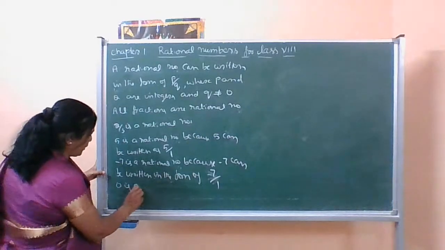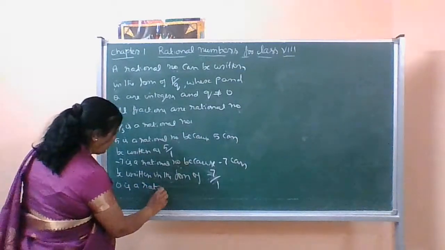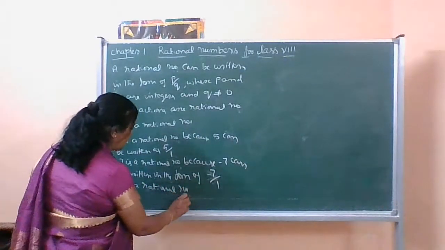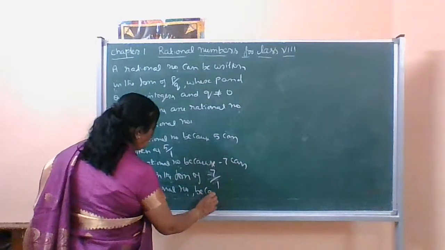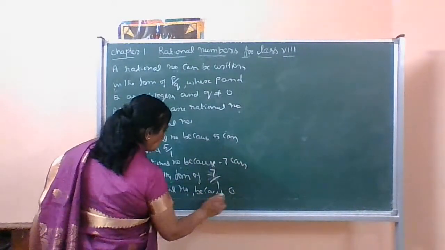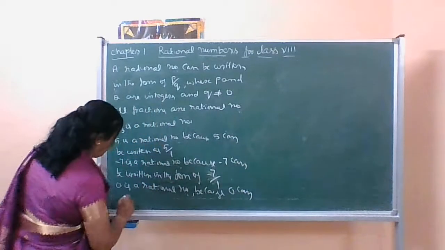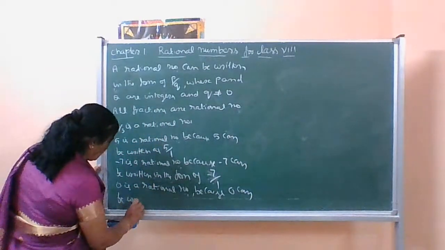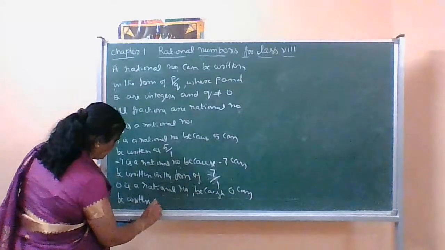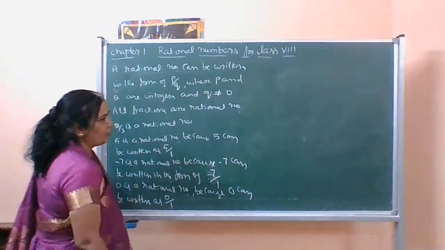0 is a rational number because 0 can be written as 0 by 1.